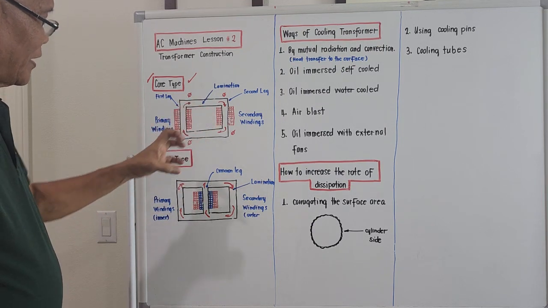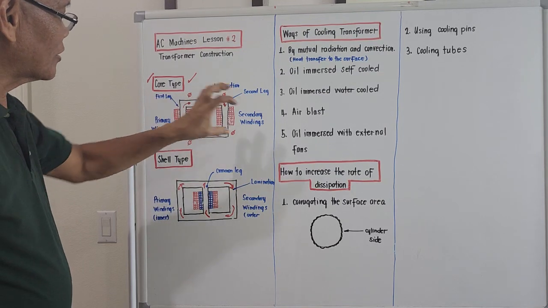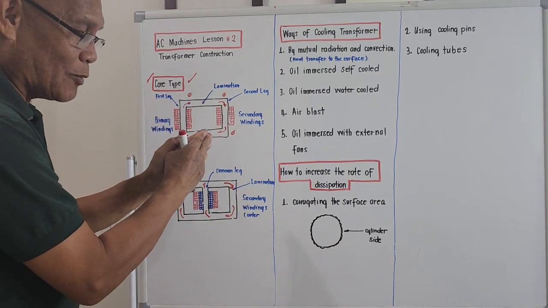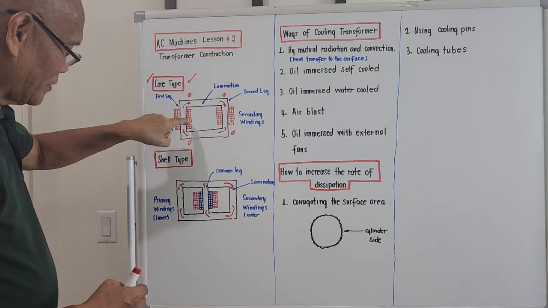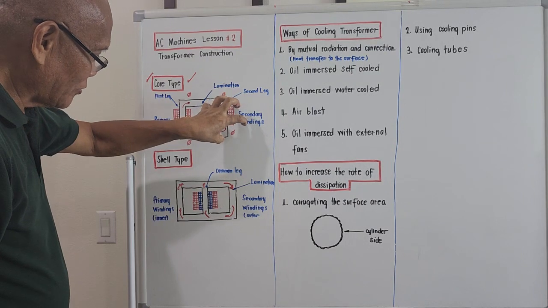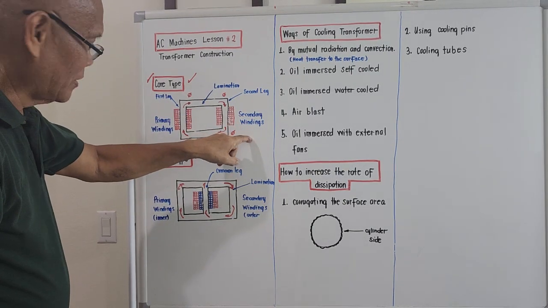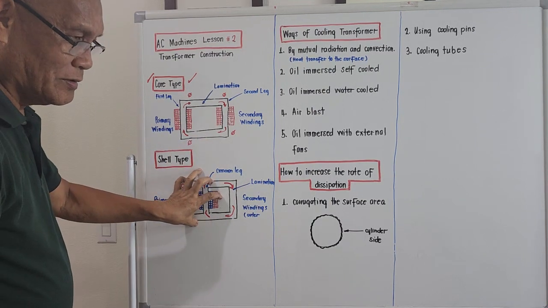For the core type, there's no problem because the primary and secondary windings are located away from each other. This is the primary winding, and the red cross section on the second leg is the secondary winding. So this is the core type construction, and this is the shell type construction.